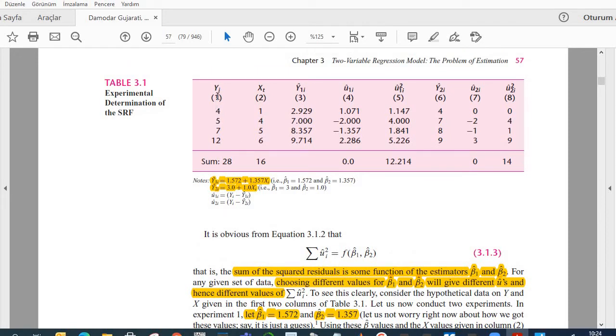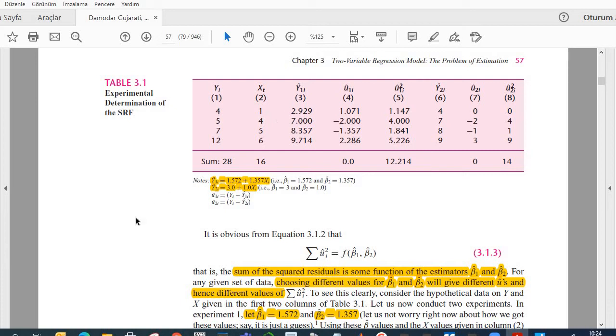This is the actual dependent values, and these are the independent values. For the first one, the intercept value is 1.5, and beta 2 is 1.3. This is our first equation, and this is the second equation.